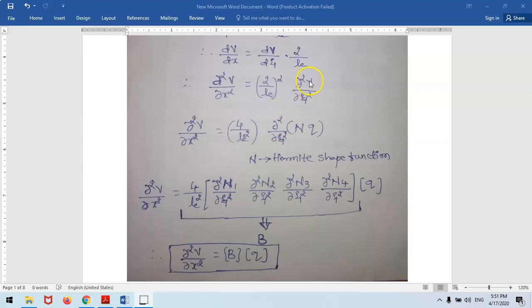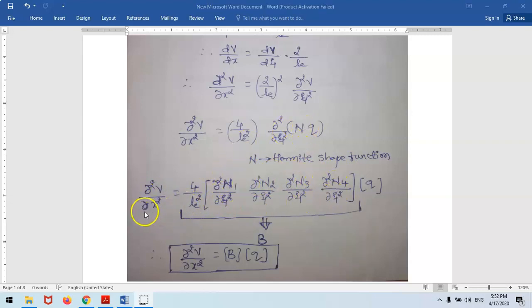And what is this v? v we have already defined above, that is N into q, where N is the Hermite shape function and q is the displacement matrix. Now we will substitute the shape functions within this equation.